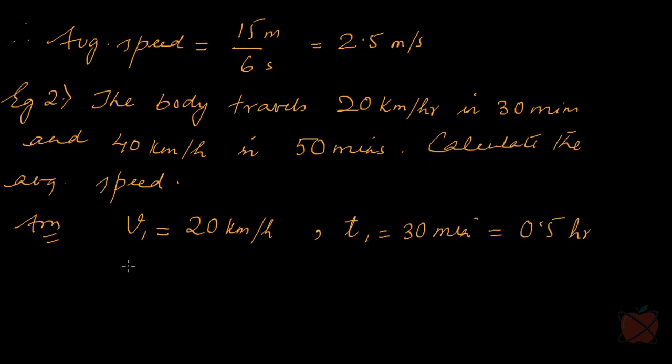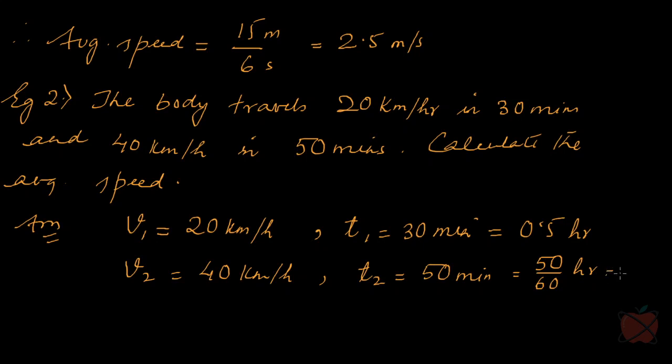And V2 here is 40 kilometer per hour, and the time T2 is 50 minutes. 50 minutes is 50 by 60 hour, so that is 5 by 6 hour. Let's not find the decimal out here. Let's not calculate this 5 by 6 right now.